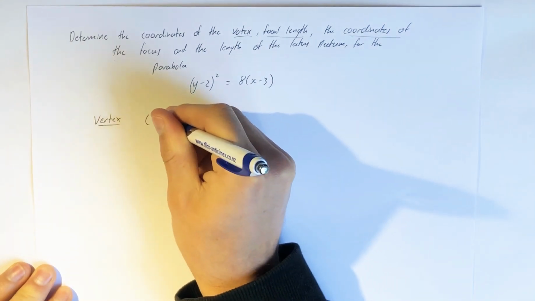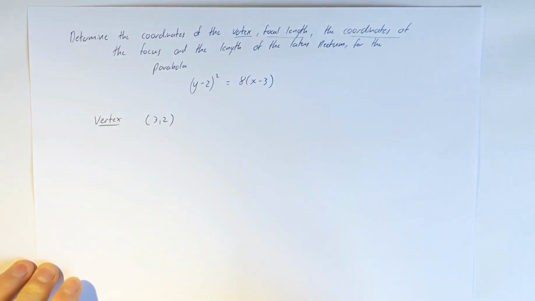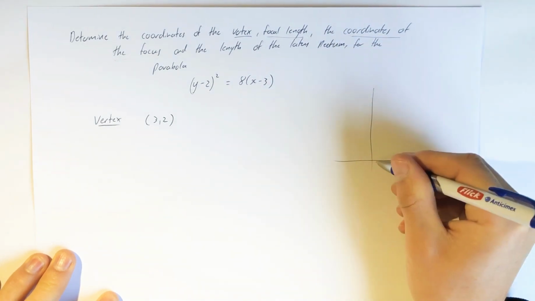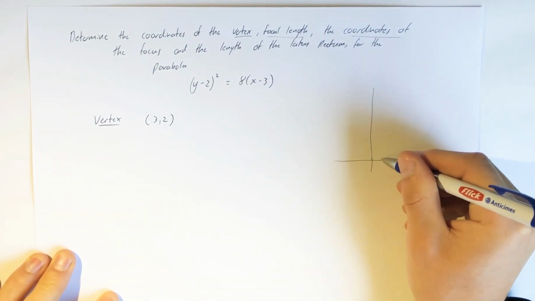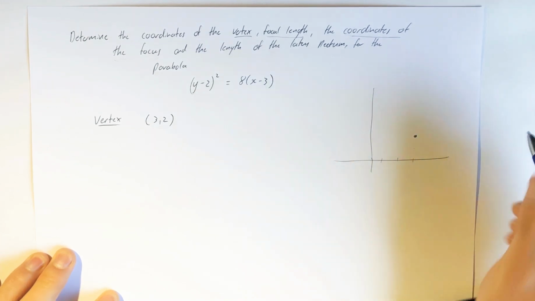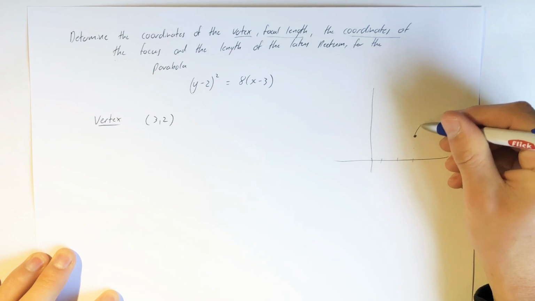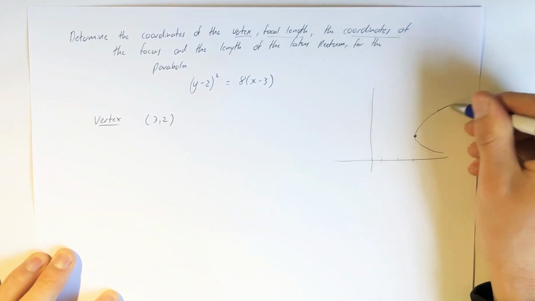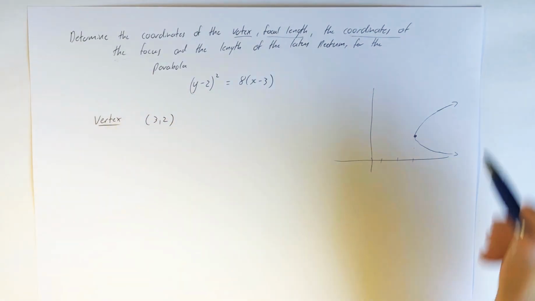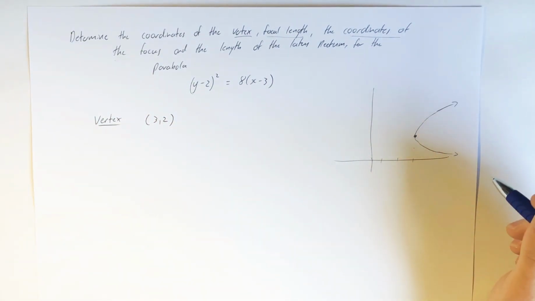So the vertex is at 3, 2. And maybe it might help just to draw this a little bit. So the vertex is at 3 across, 2 up. So there's your vertex. It's positive, so it's definitely going that way. Right, it's a y squared, x relationship, so it's going like that.